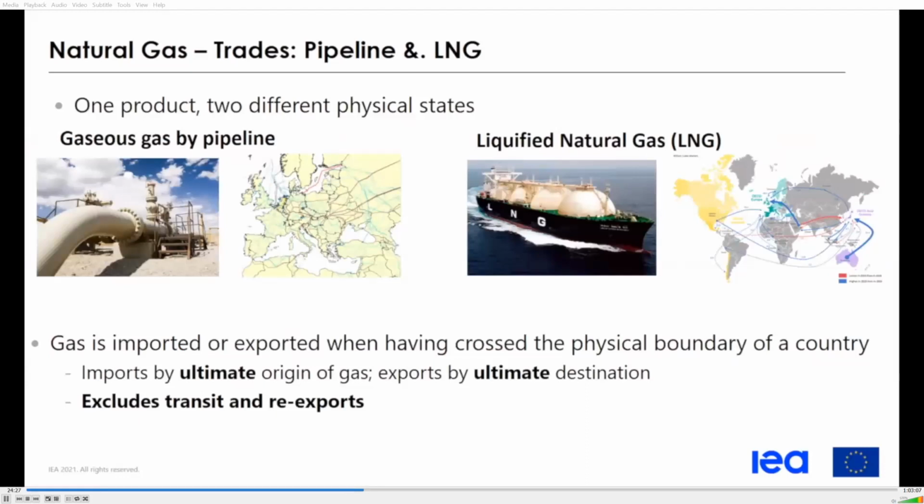So imports, for example, from Nigeria would be classified in such a way. Exports should be domestically produced, so only the quantity leaving the country should be reported under exports. To say it in another way, we focus on the ultimate origin or destination of the gas, and we do not include in our data statistics the transit and re-export of natural gas.